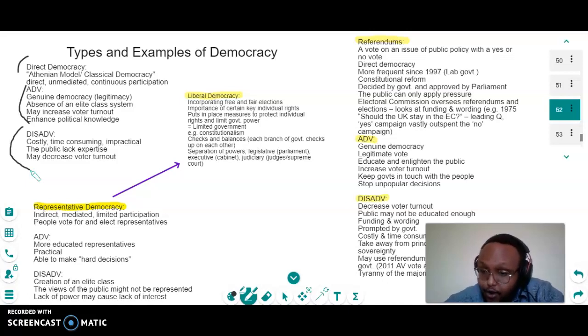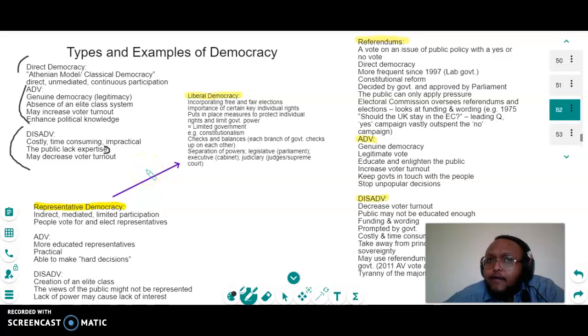So it's very costly. That's something to consider with direct democracy as a disadvantage to that political system. So if we quickly go over another example of a disadvantage here, is that the public lack expertise.